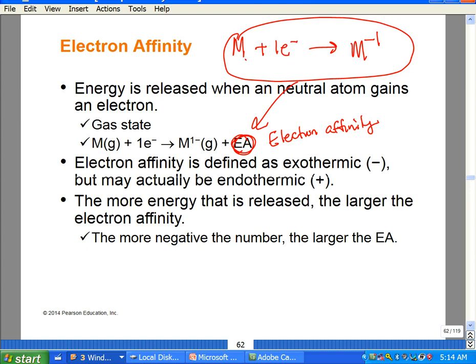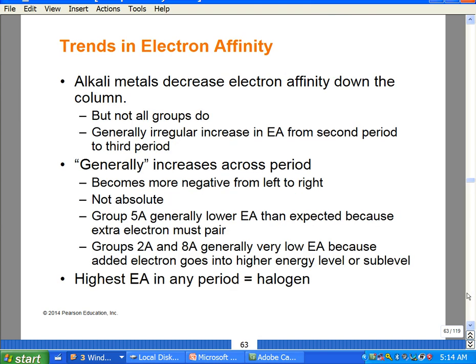So the trends for this one are not as predictable. I'm going to try to summarize this with a graphic here. For the alkali metals, which is group 1A, we can pretty much anticipate that the electron affinity gets bigger as we go toward the top of that column.